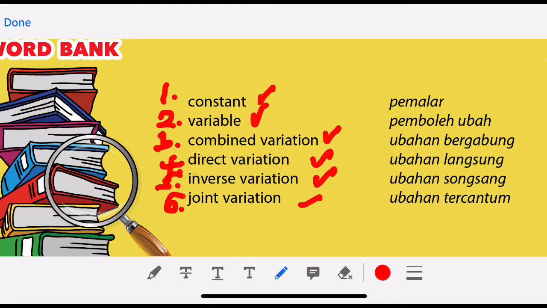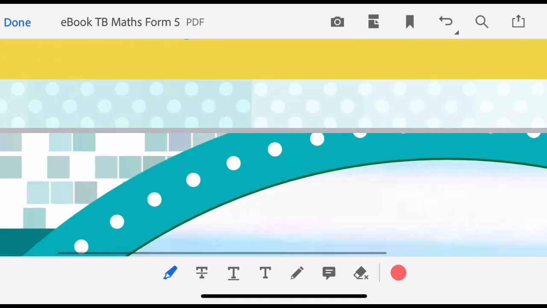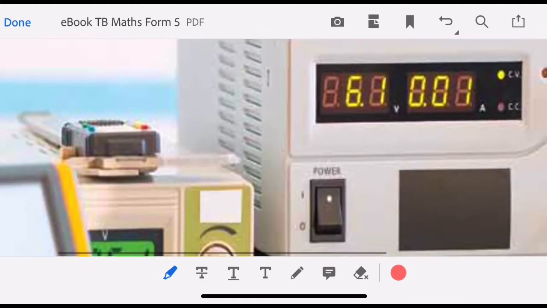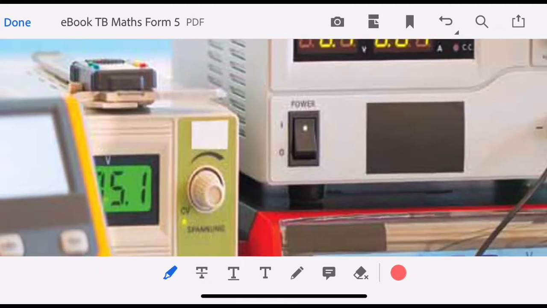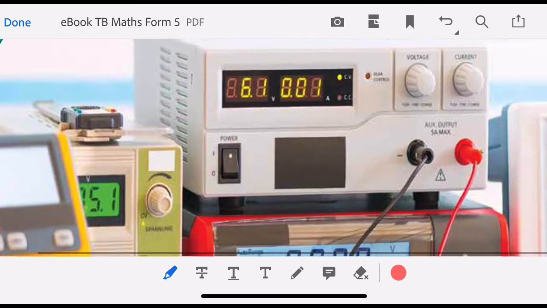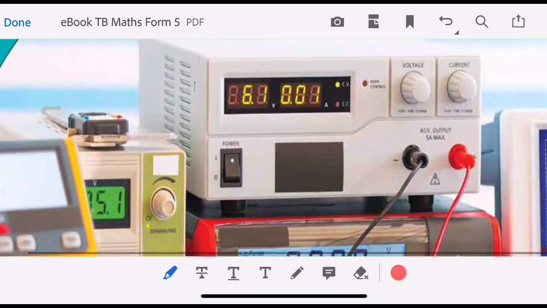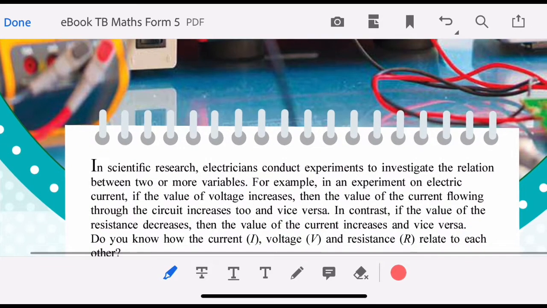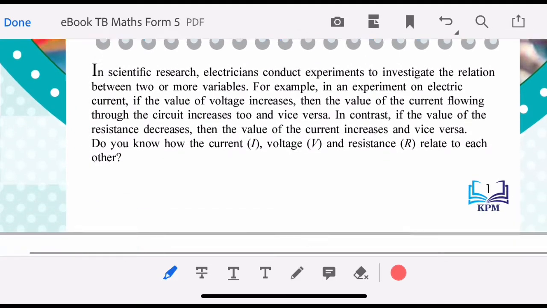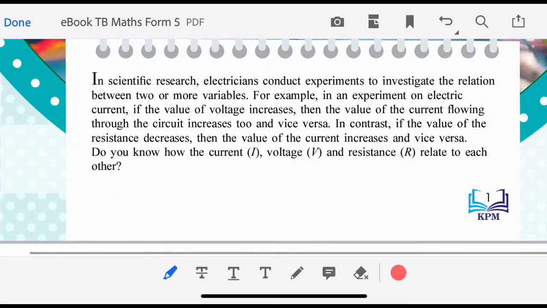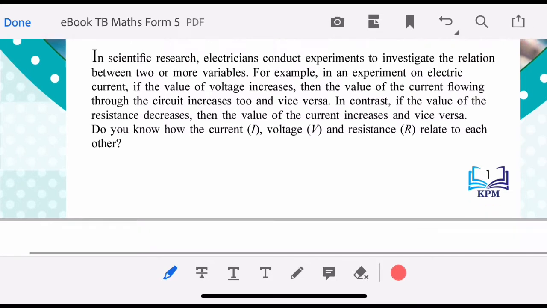I will explain to you later on when we start the class on variation. So these are the intro for the use and application of variation in our daily life. For example, for research, the electrician conducts an experiment to investigate the relation between two or more variables.